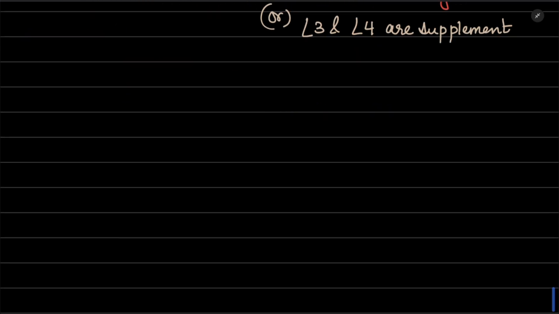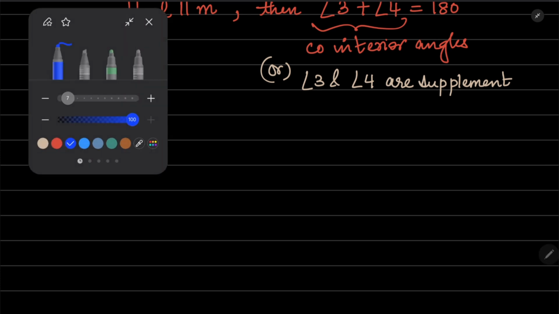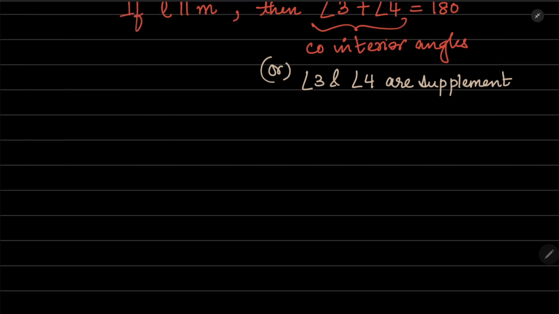Now let us move on to theorem 5. Theorem 4 says that if the lines are parallel, then the sum of the co-interior angles is always 180 degrees.